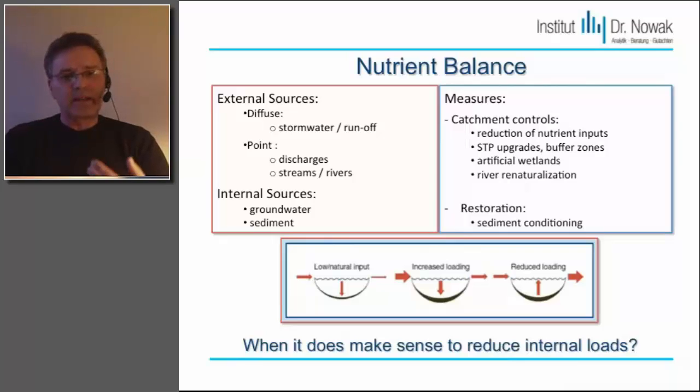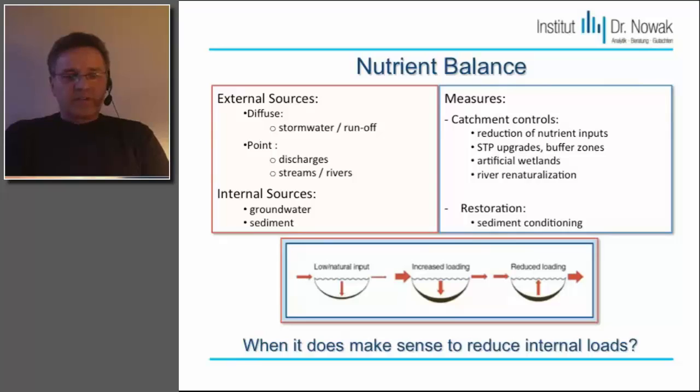We can upgrade sewage plant steps. We can create buffer zones or artificial wetlands to reduce the nutrient inflow, or we can renaturalize rivers that are flowing into lakes or water bodies.